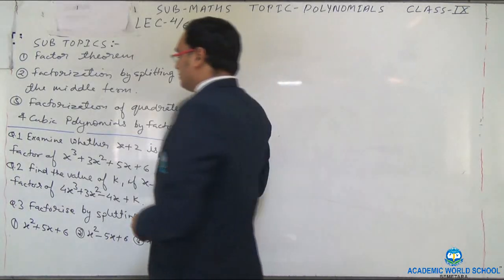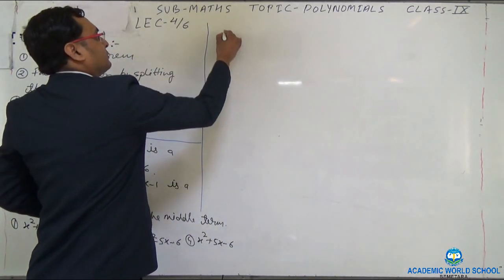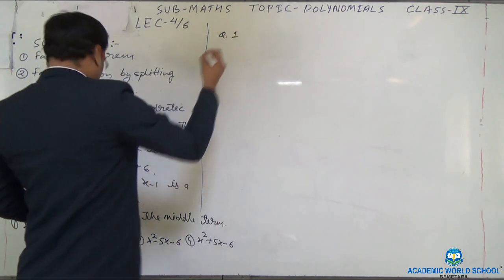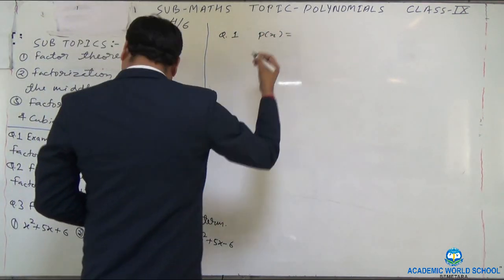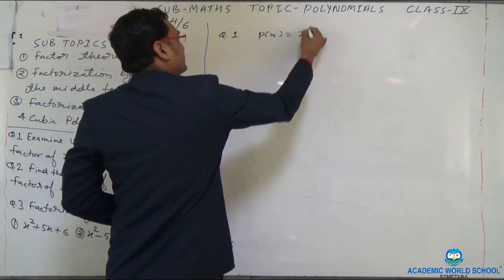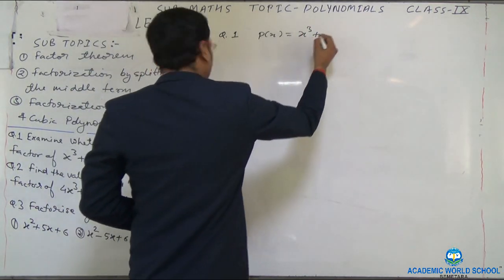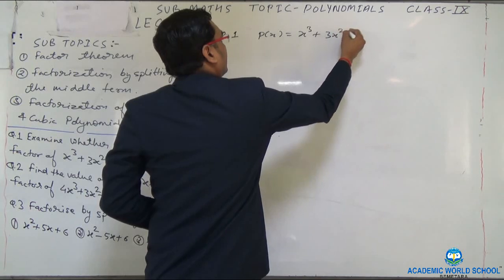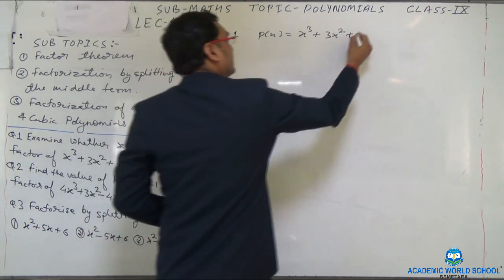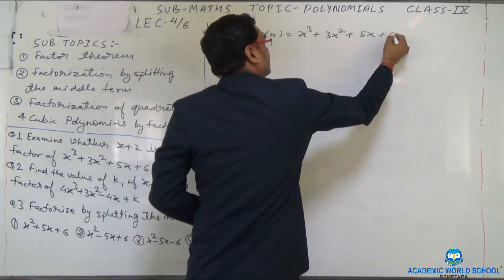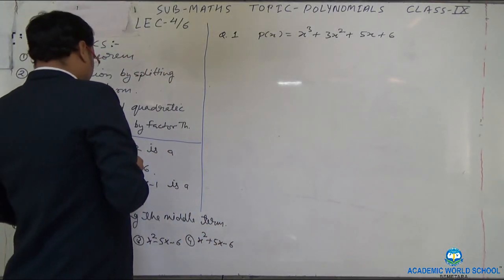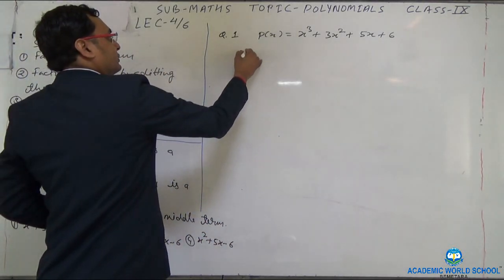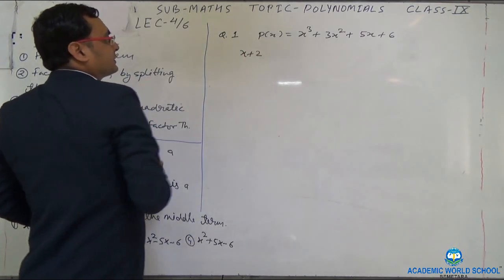So, what is the polynomial given to us? The polynomial given to us is p(x) is equal to x cube plus 3x square plus 5x plus 6, and the linear factor which we have to check is x plus 2.